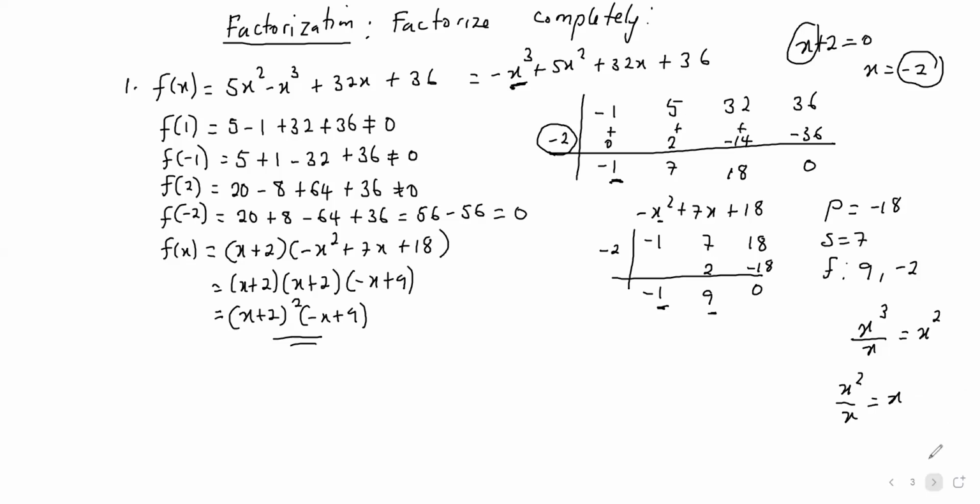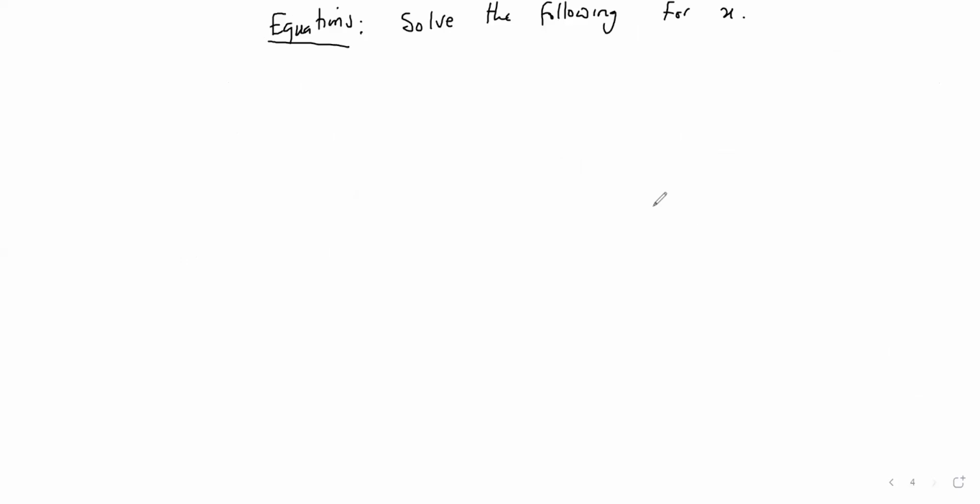Okay, so now we solve for x, given x^3 - x^2 - 7x + 15 = 0.